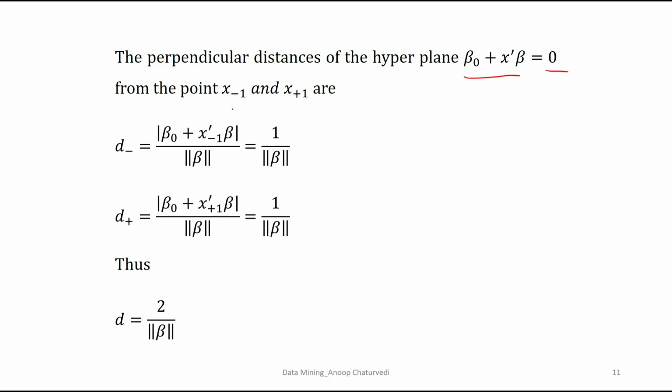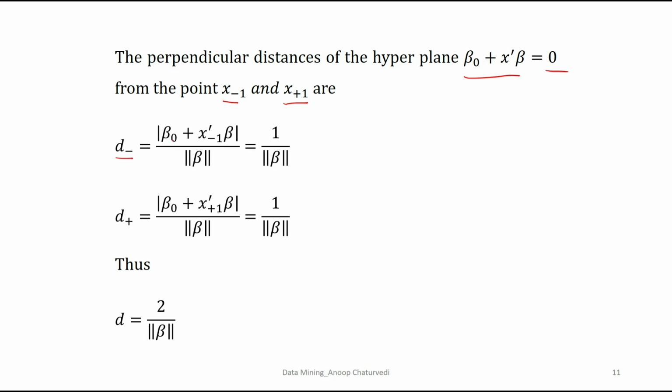Then the perpendicular distance of the hyperplane beta naught plus x transpose beta equal to 0 from the points x minus 1 and x plus 1 are, say, d minus 1 equal to, we are obtaining the perpendicular distance. So, we take mod of beta naught plus (x minus 1) transpose beta divided by the norm of beta, and then this is equal to 1 upon norm beta.